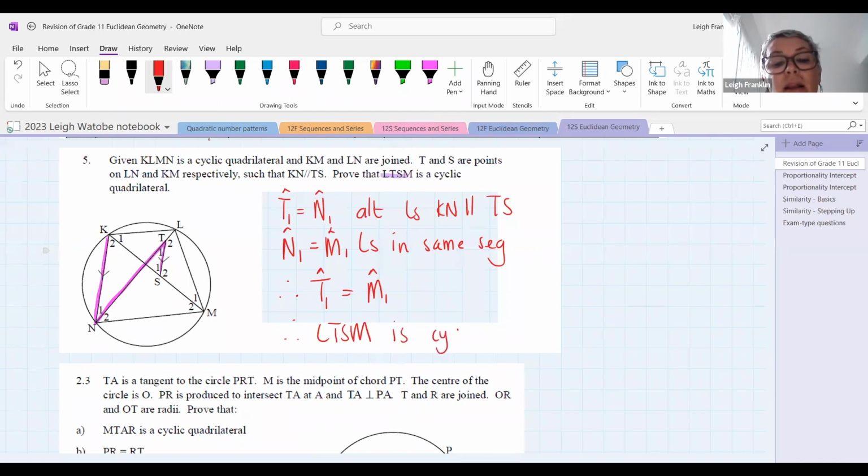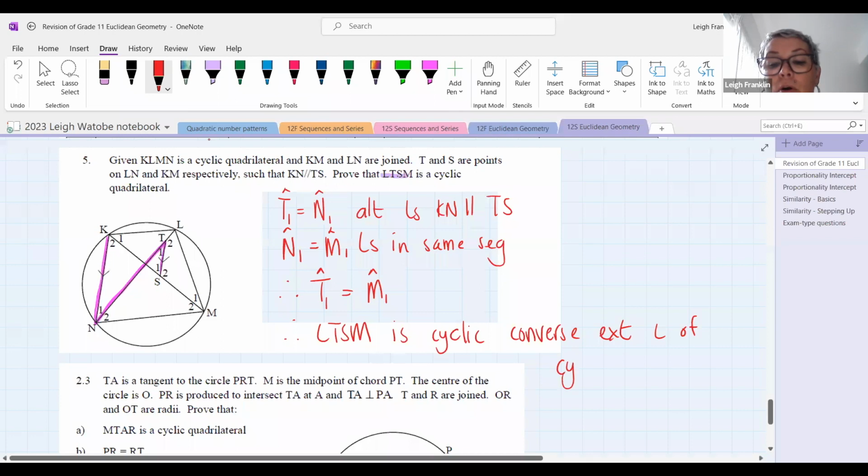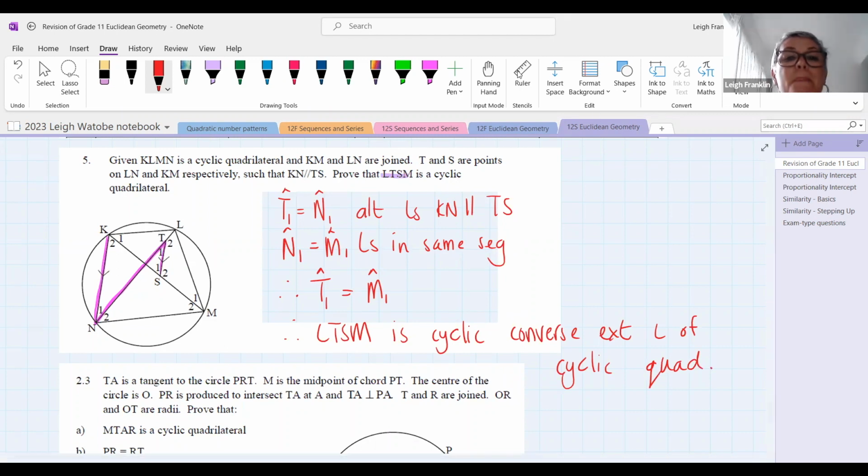So it is cyclic, and our reason here is converse, exterior angle of a cyclic quad. That is quite simplistic, but it conveys the point that I'm trying to make quite clearly.